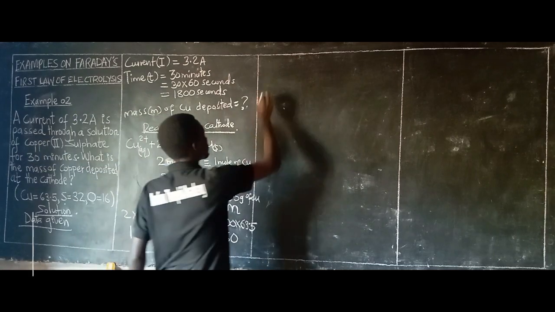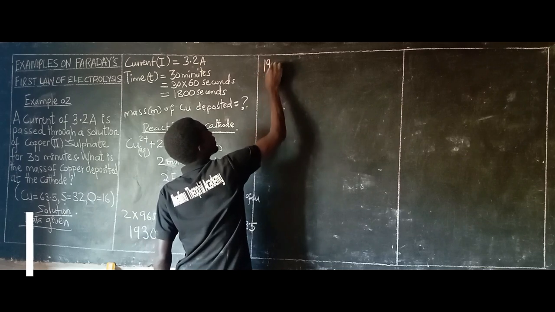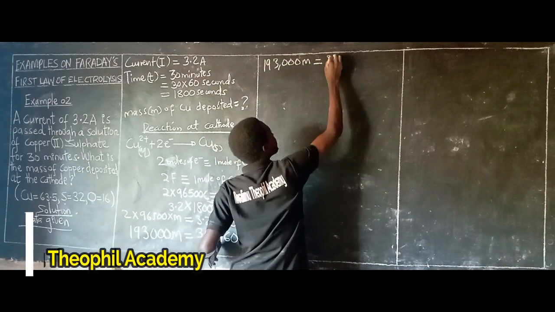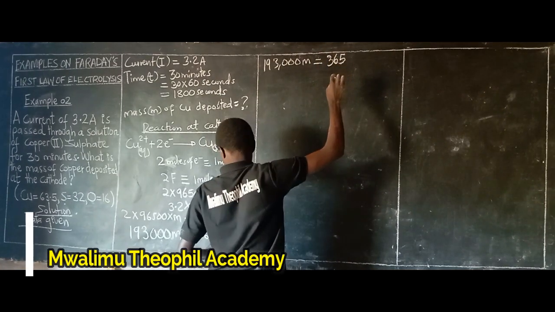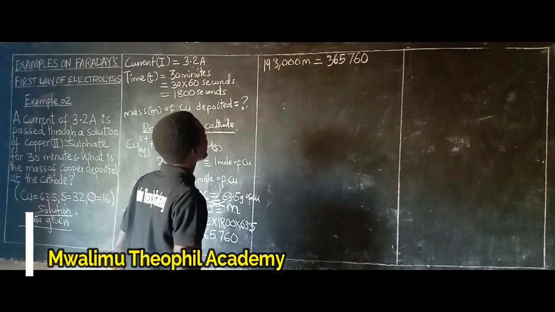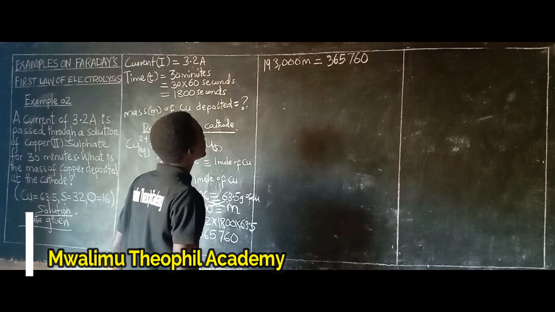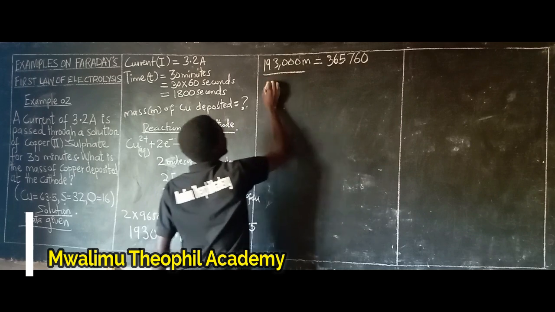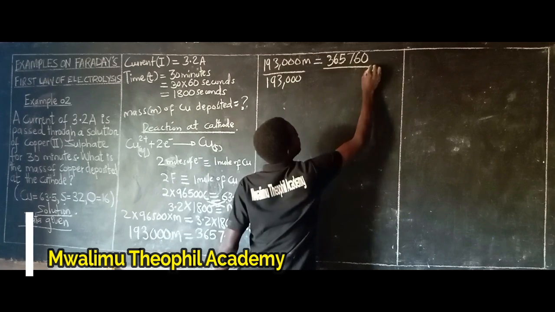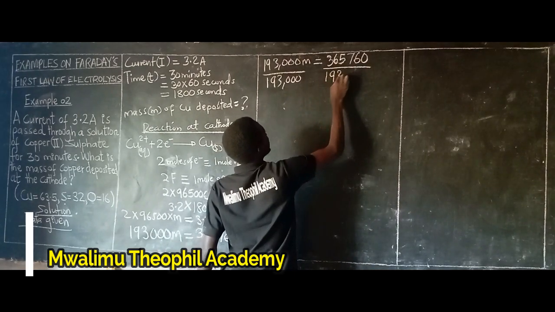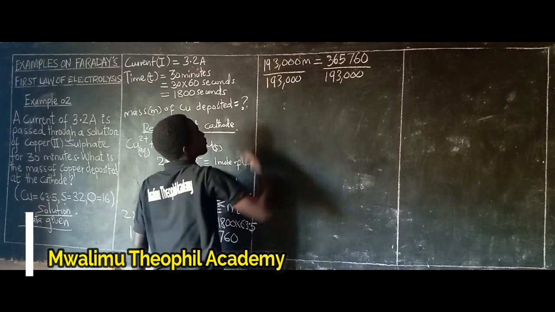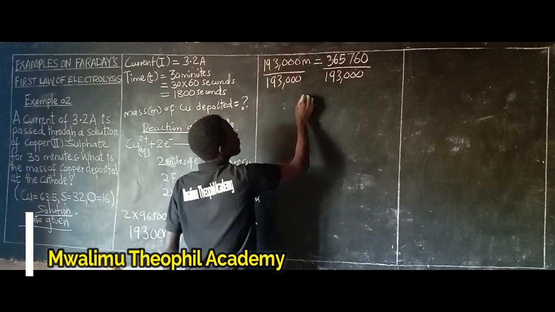So it will be this way: 193,000 m is equal to 365,760. We divide both sides by 193,000 so as to remain with the value of m. This value will cancel out because they are equal, so on the left hand side we are going to remain with m.